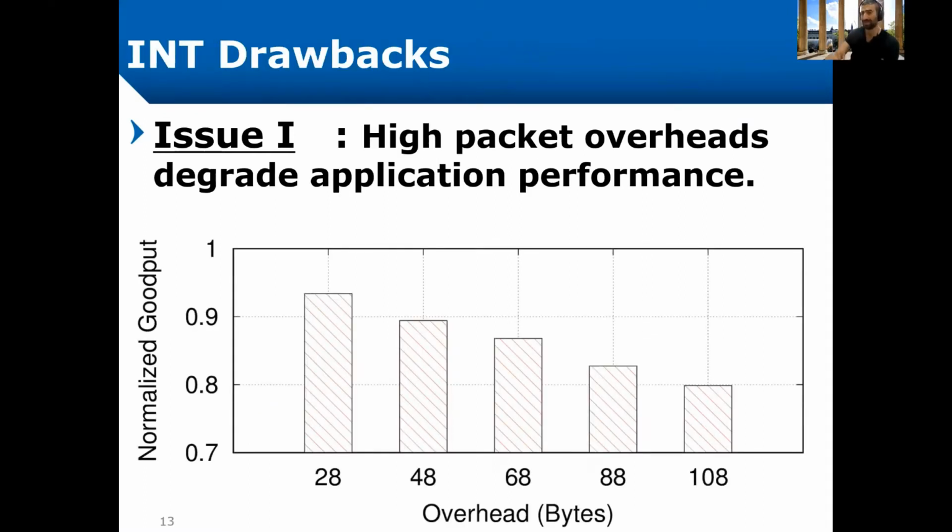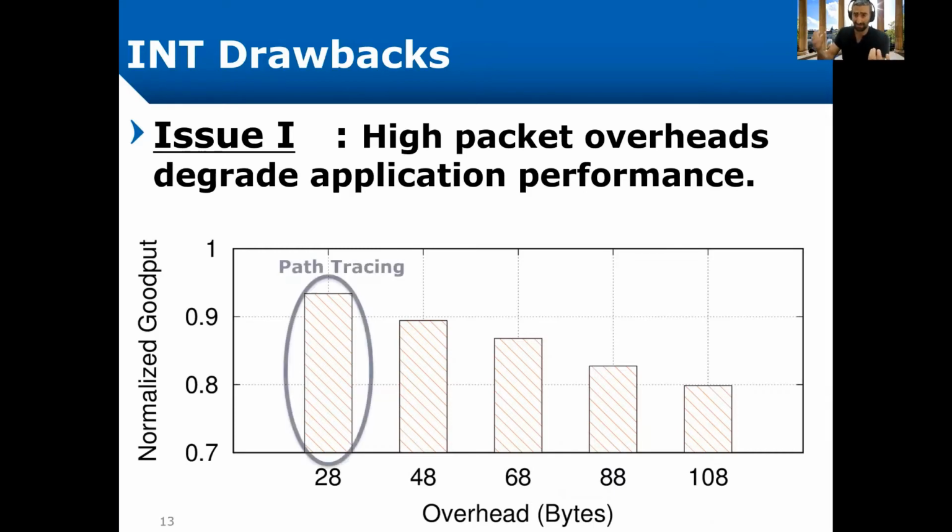And we did an experiment in which we add this overhead. The x-axis here corresponds to adding 1, 2, 3, 4, or 5 information types on a standard fat tree topology. And the y-axis is some metric of how well the network is performing. It's called normalized goodput.